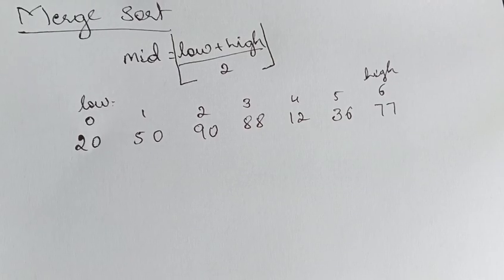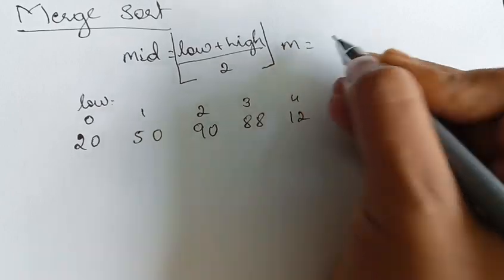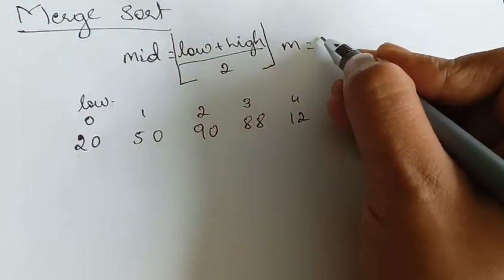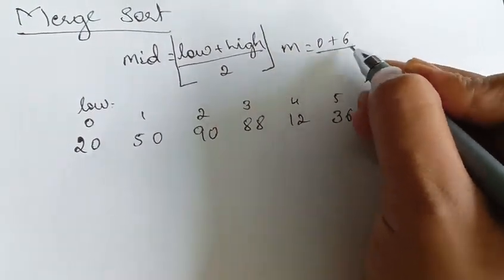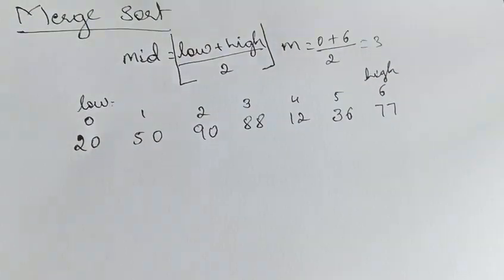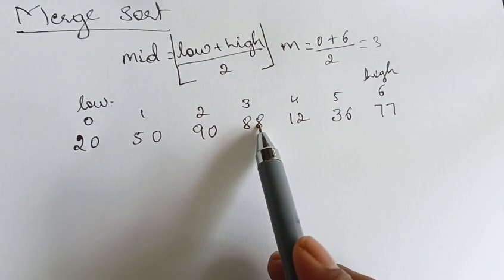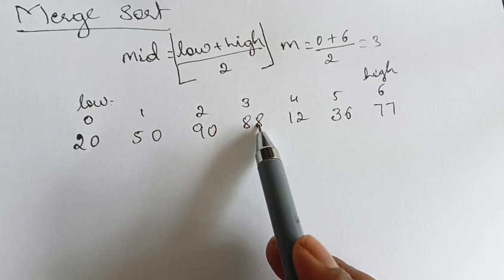With respect to this, I have to calculate the mid element: mid is equal to low plus high by 2, 0 plus 6 divided by 2. That is 3. This is not a decimal number, so no need to use ceiling or floor. So 3. What is the meaning? At 3, I have to divide the array exactly.